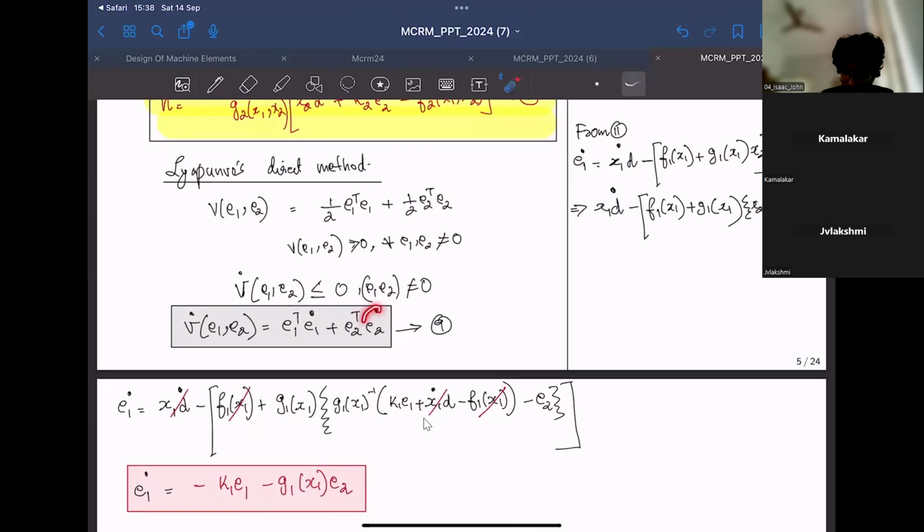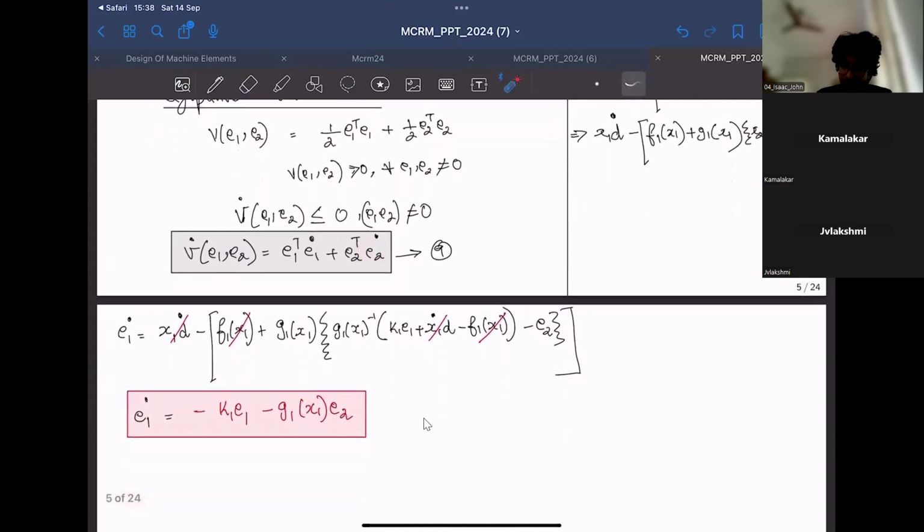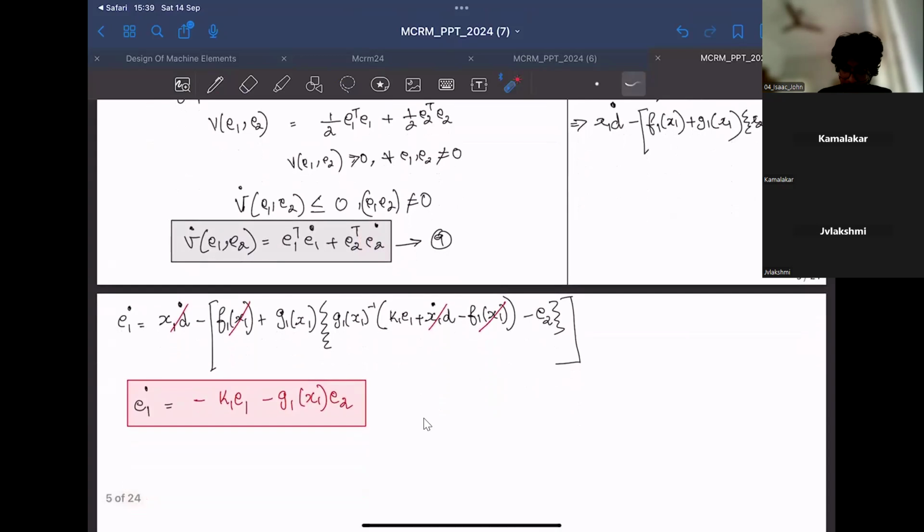Now our objective is to find E2 dot. The objective is to prove that once we have determined E1 dot and E2 dot, this term V dot of E1, E2 should be less than 0.